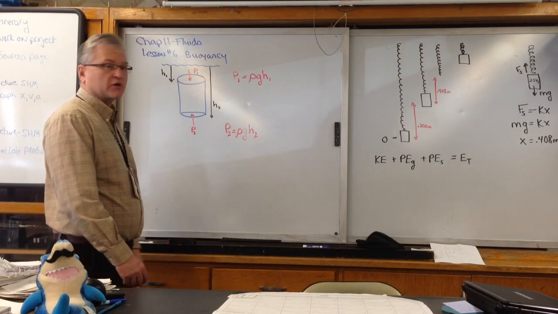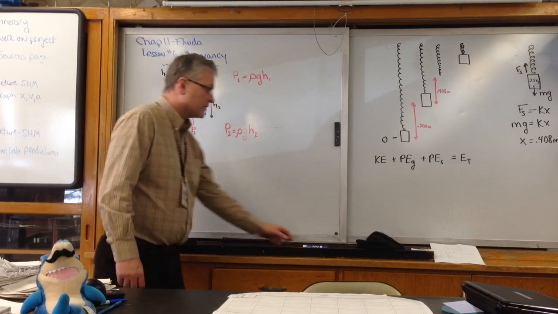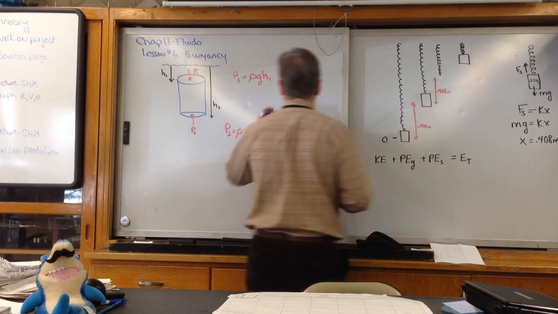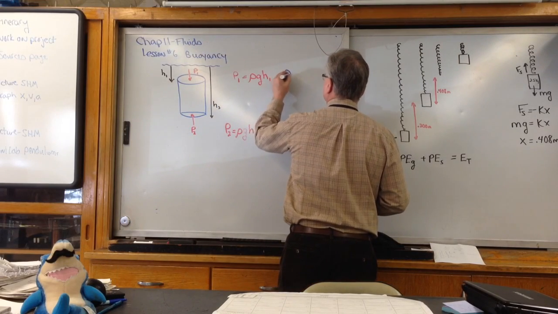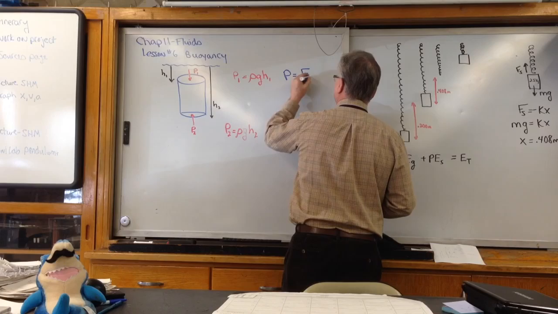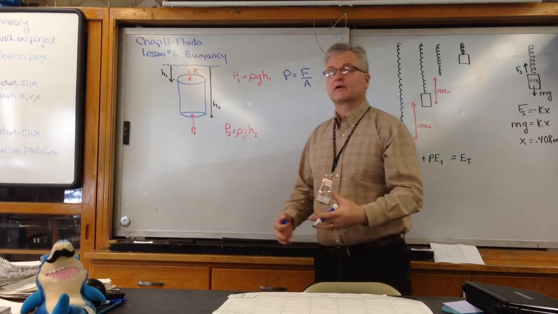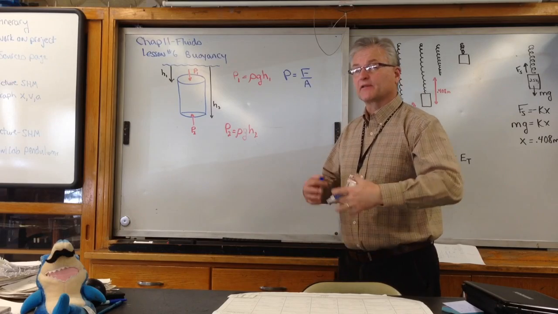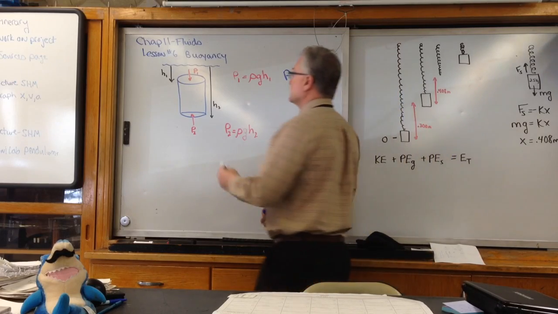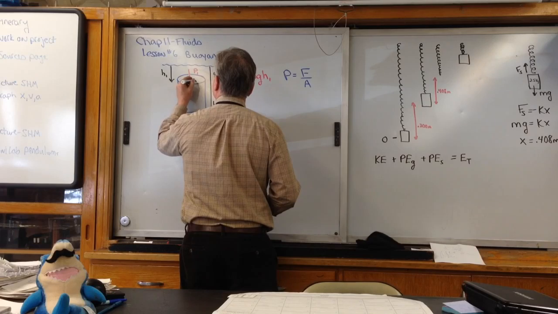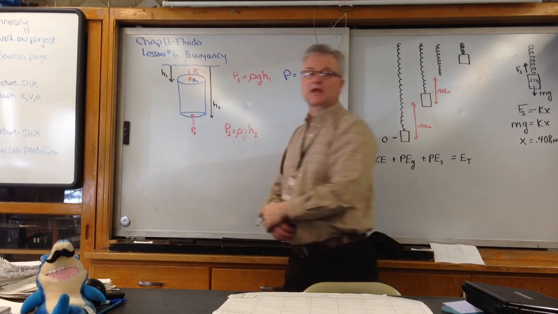But let's look at this in terms of the forces themselves. If we take a look at forces, we know that pressure is equal to the force divided by the area. Now we look at the area. The area of what? Well, it's the area that the pressure is acting on. So we're going to call this A1, which is the top of the can.